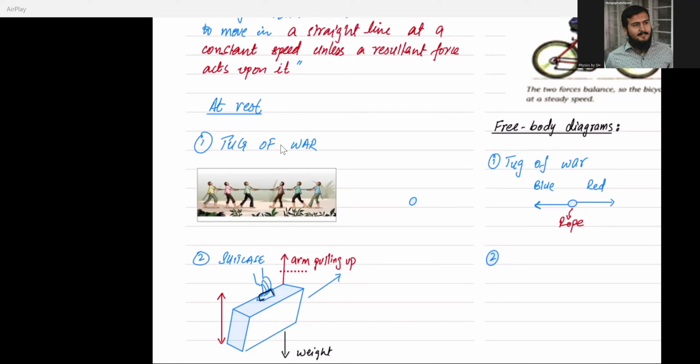All right. So now, please, Hania, would you help me draw a free body diagram of the suitcase? कितनी forces लग रही हैं बेटा? 2 forces. और कौन सी force है? Upward force कौन सी है हानिया? The pulling force. Who's pulling? Arm pulling.